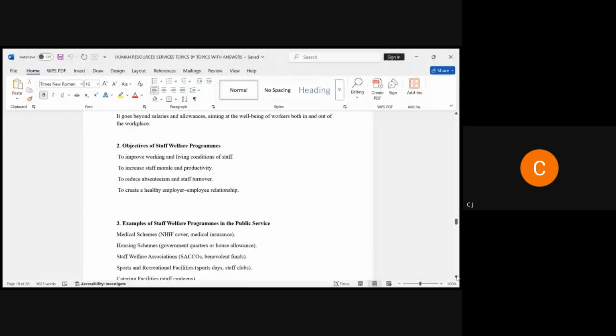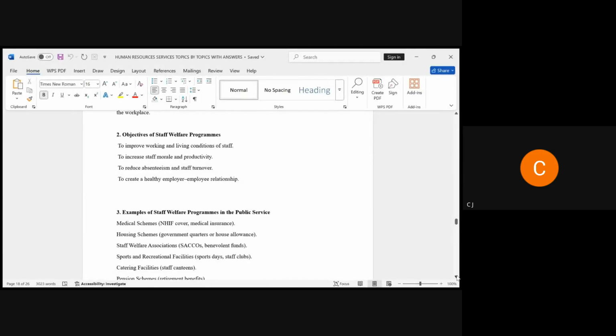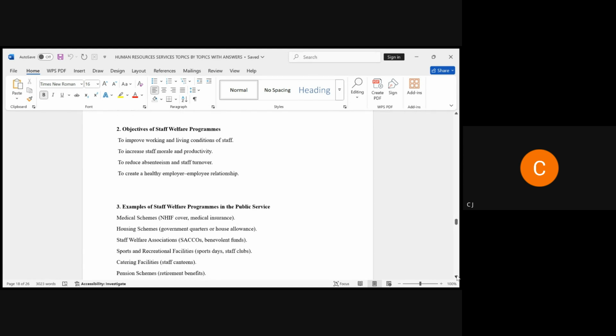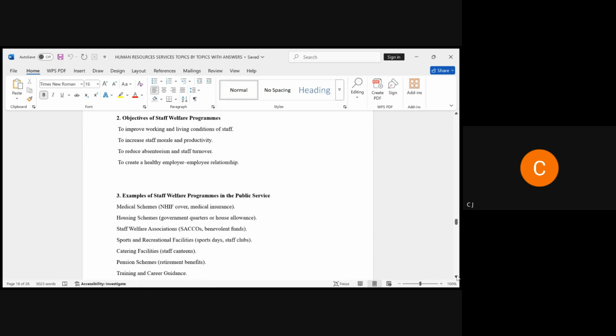Catering facilities, staff canteen. Huku kwetu tujaona hiyo. Naonanga tu watu wanapiga, sijaona hiyo. Pension scheme, retirement benefits, all these fall under staff welfare.